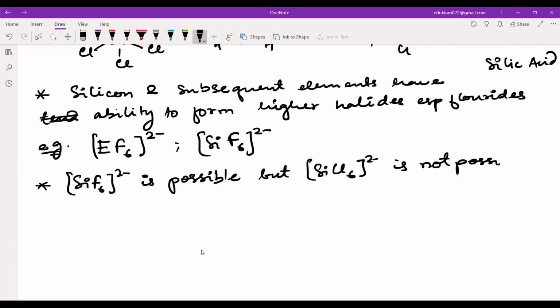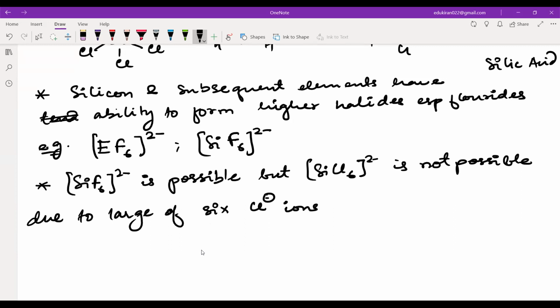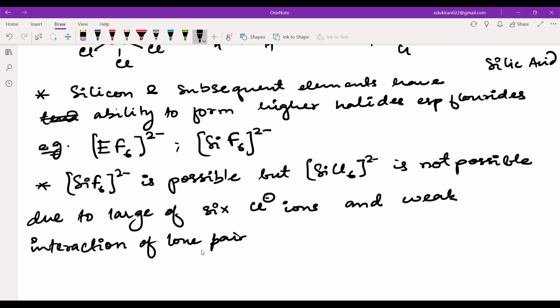Not possible due to the large size of 6 Cl negative ions, large size of Cl negative ions, and weak interaction of lone pair of Cl negative and silicon 4 positive.